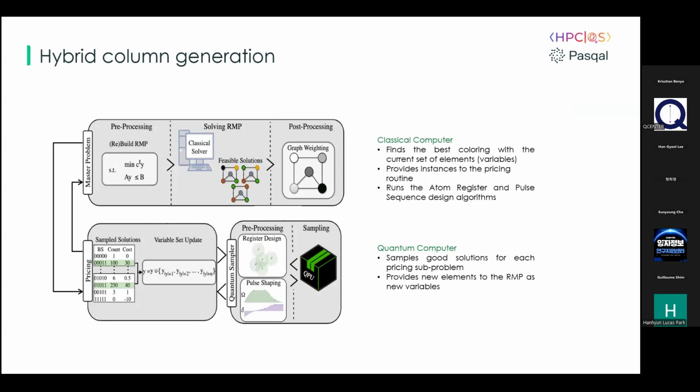Put in a different way, in order to schematically represent how such a hybrid column generation method can look like for an execution on a graph coloring based problem, we have the master problem, the reduced master problem, also called the RMP, which is tasked with solving the minimum vertex coloring on a limited amount of information.